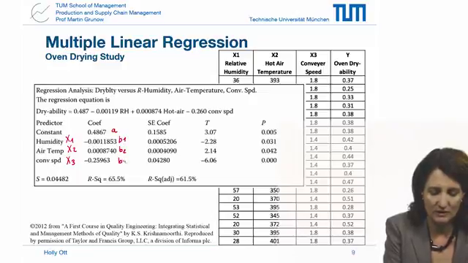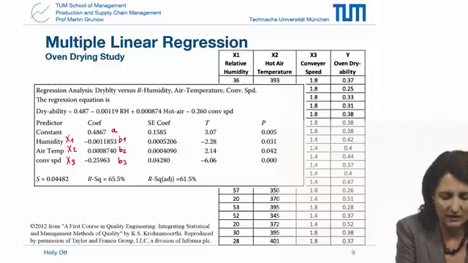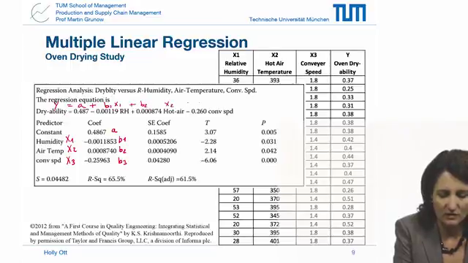And so don't forget, Y is equal to A, in this case, plus B1 X1, plus B2 X2, plus B3 X3.